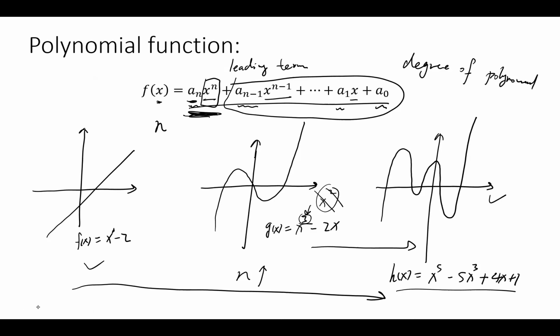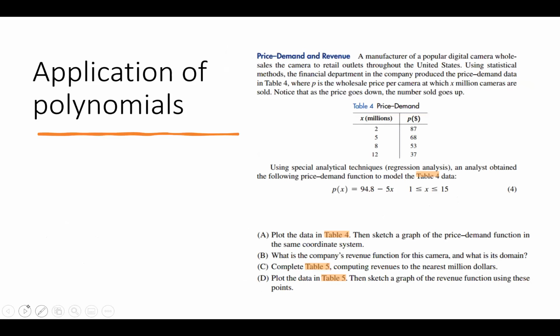Now let's look at a few applications. Now this is an example, and the information here is not that important. What's important is that we have a table here. This describes what happens if we increase the supply, right?